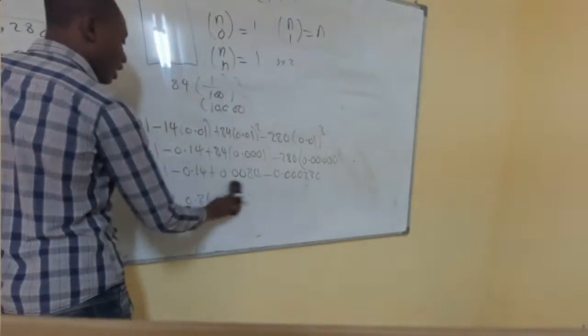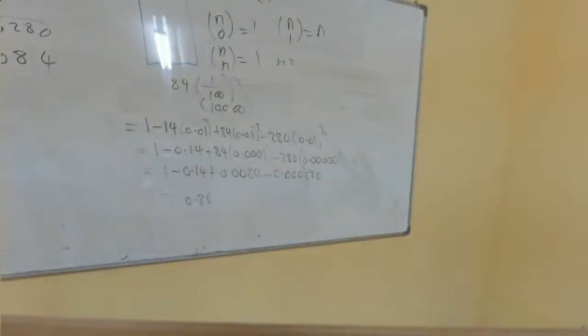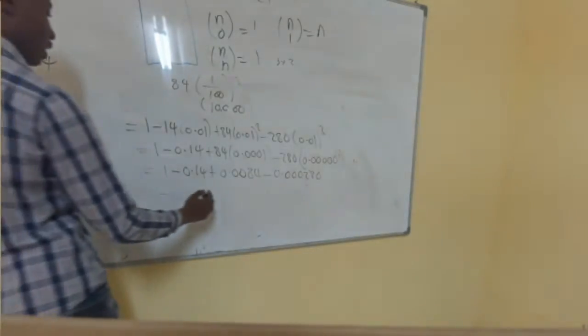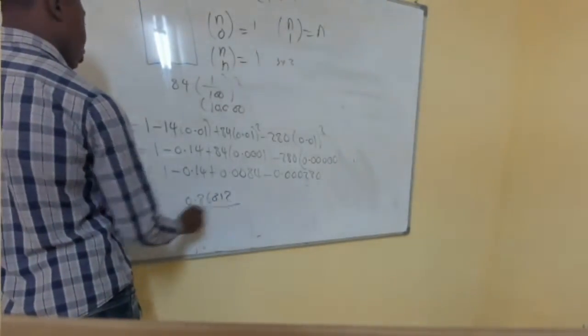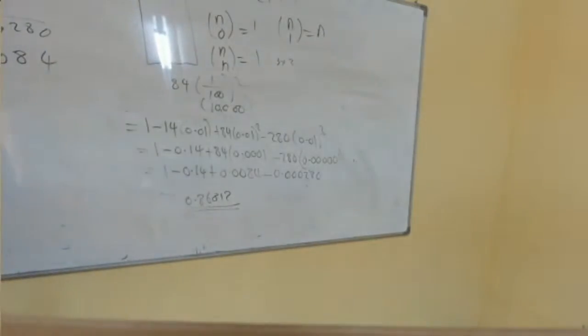So the final answer which we get is going to be 86812. Okay, now we've been told to give it to 5 significant figures, 2, 4, 5. So that's to 5 significant figures. Okay, so that ends that question.